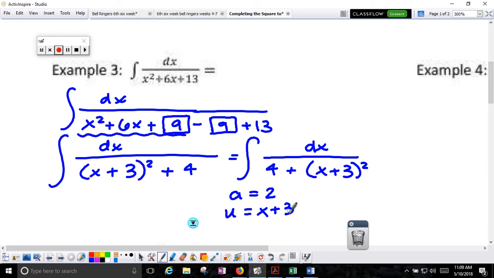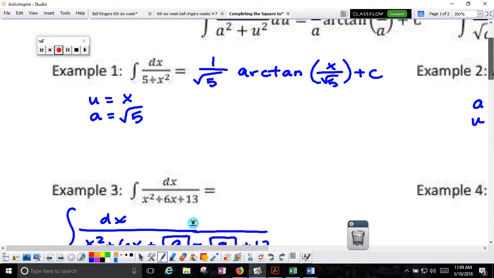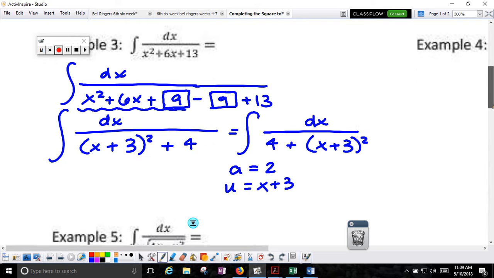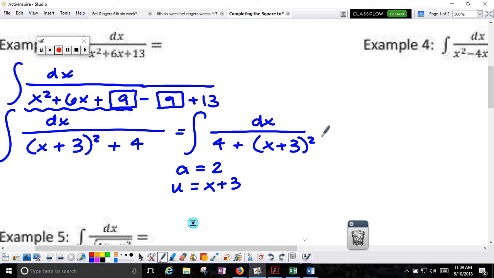So let's just go back and apply the formula. So we have 1 over a, and then the arctangent of u over a plus c. 1 over a, actually let me use the space below. 1 over a, the arctangent of u over a, and then plus c.